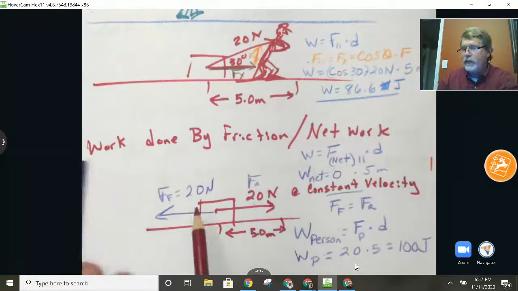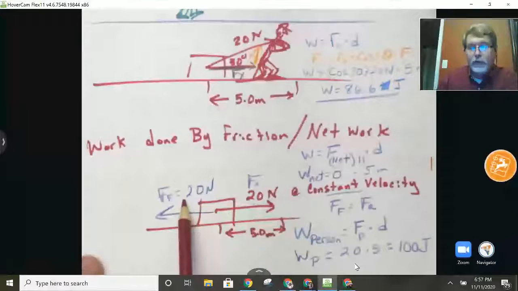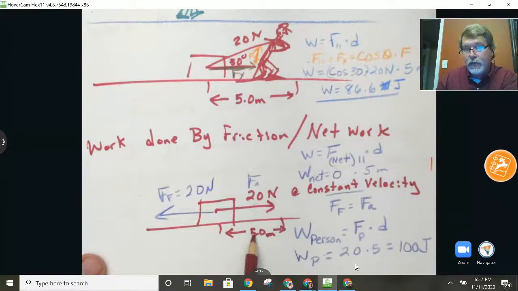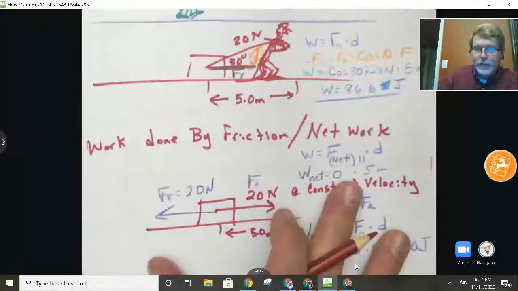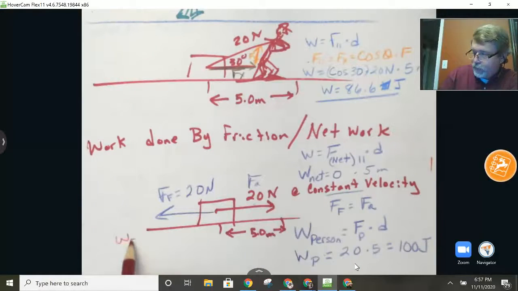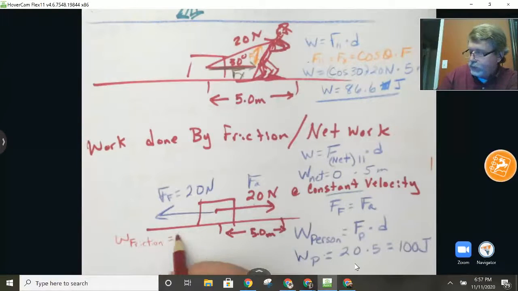Well, remember we had some examples there about, can friction do work? Well, friction is a force, and it occurs over some distance. So over here, we can look at the work done by friction. And that's going to equal the force of friction times the displacement. So that's going to be 20 newtons times 5 meters. But we got to be careful here.